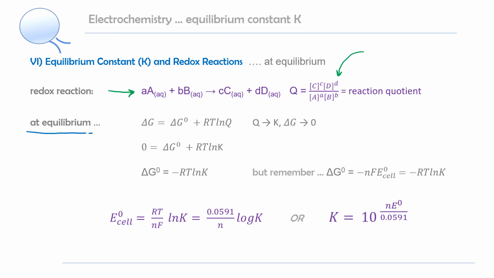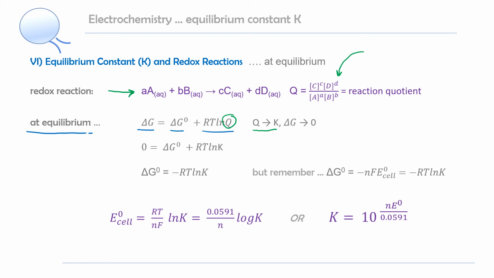Okay, so going back to our equation that yielded the Nernst equation, we've got the Gibbs free energy change under non-standard conditions equals that under standard conditions plus this correction factor for any differences from standard conditions. So as we hit equilibrium, the value Q in this equation, Q goes to K, right?